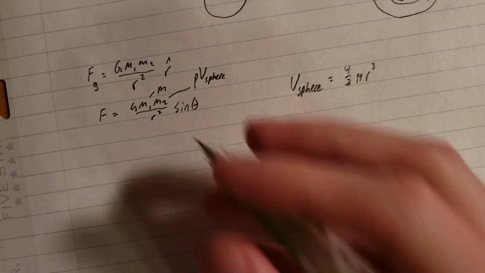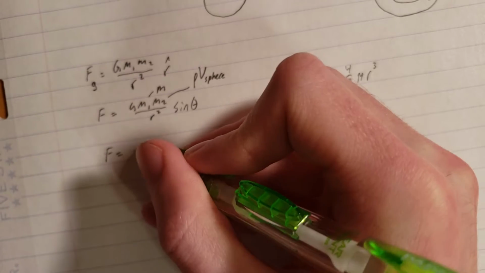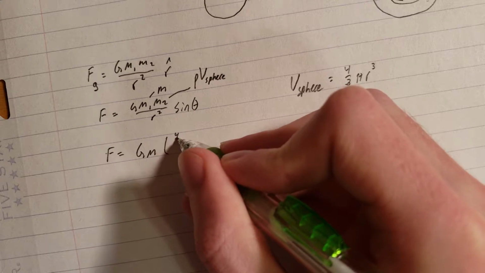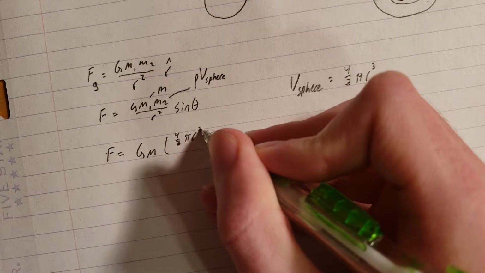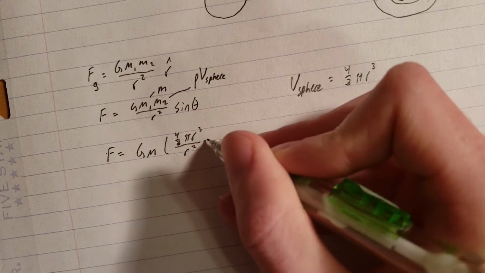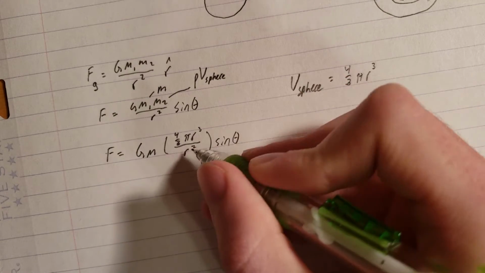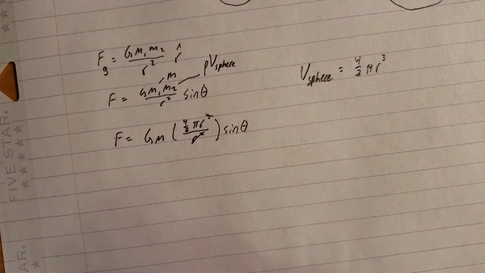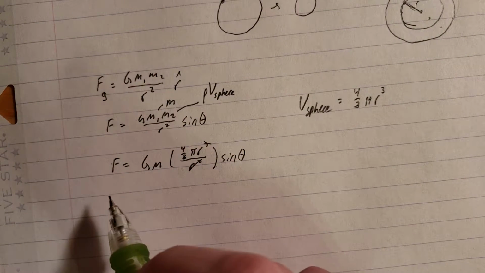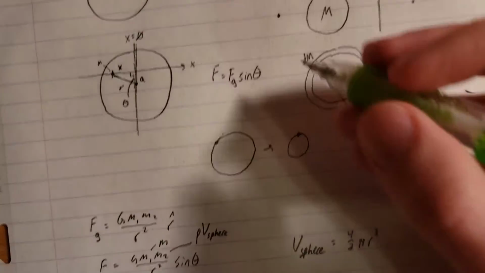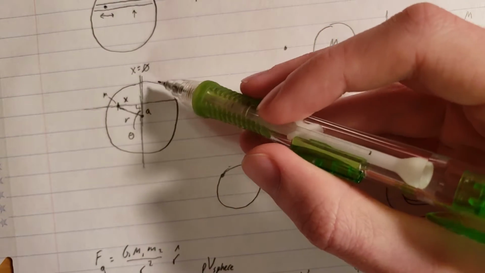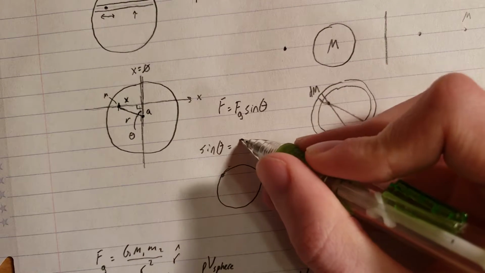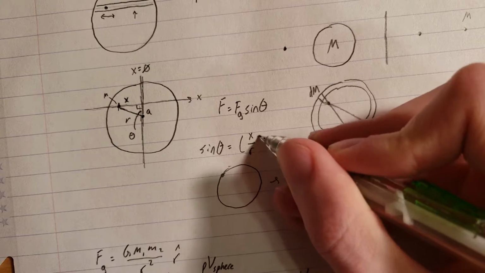So if we sub that into this, that means F equals Gm, and then we've got the quantity 4/3 pi r to the third divided by r squared, sine of theta. This r squared and this r to the third will cancel. And we can do one further, because we'd like to get this F in terms of x alone. We know from this triangle we defined, sine of theta equals x over r.